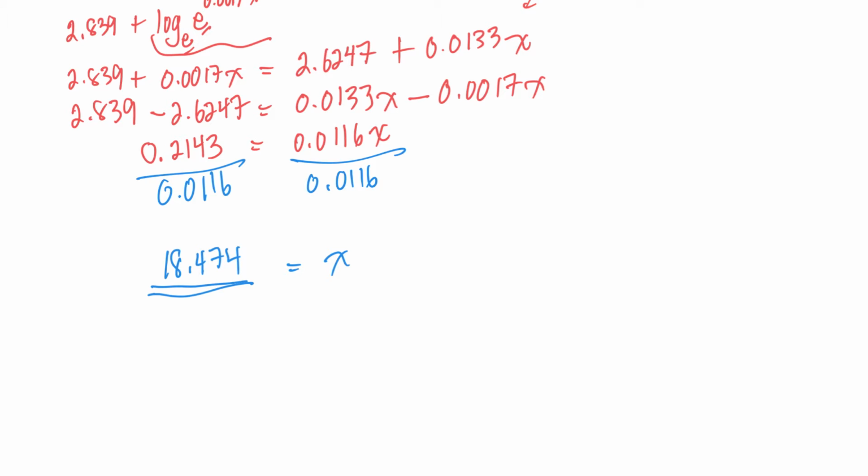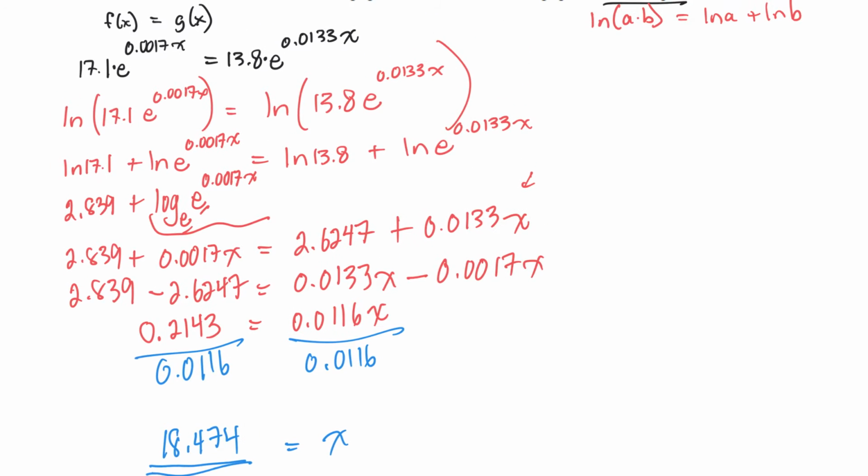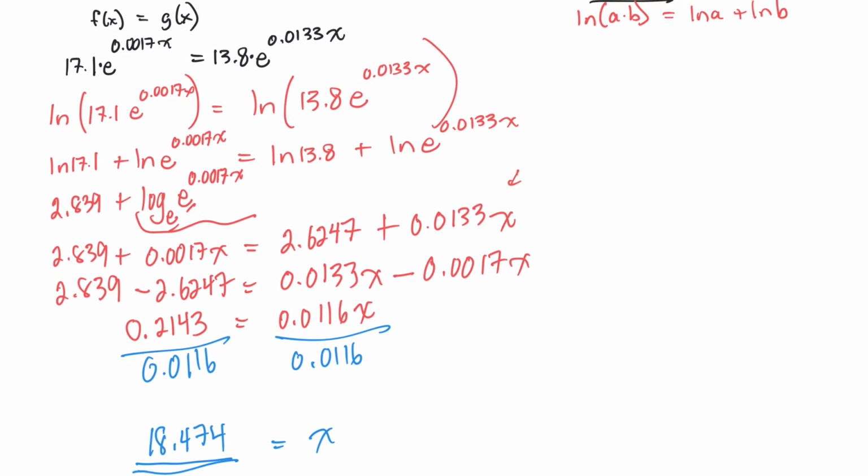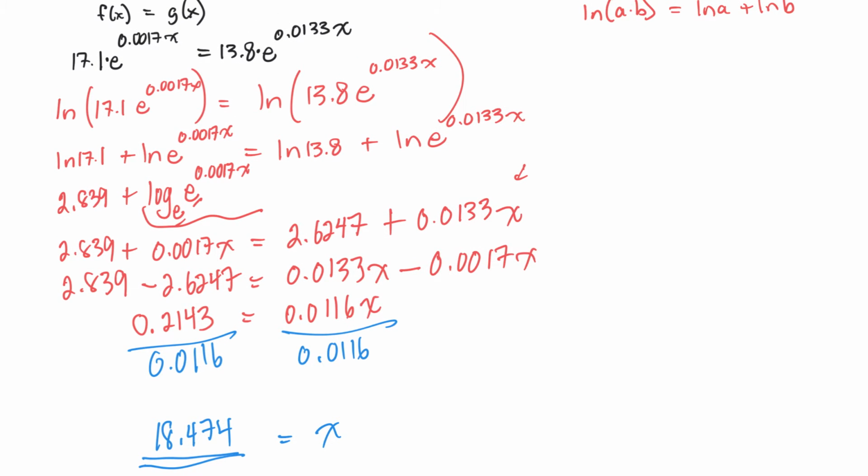So now, and you can test this, I'll just do it on one, but you can test on the other one too. Let's go back to the function there. I'll just do it off to the side here. They say g of x is equal to 13.8 e to the 0.0133x.